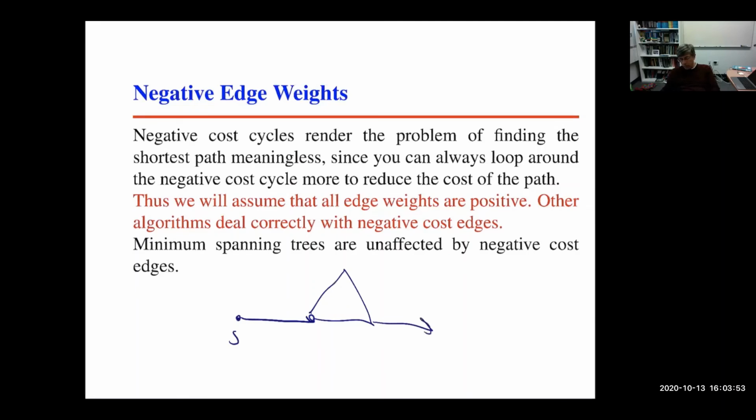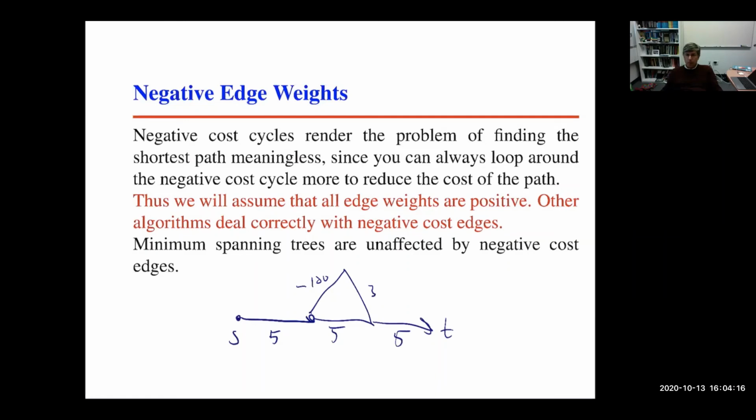Let's say the weight of this was 5, 5, 5, 3, minus 100. What is the shortest path from S to T? What's the weight of the shortest path from S to T?